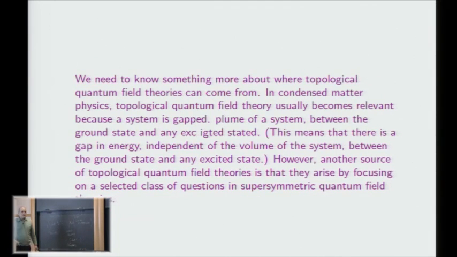So to proceed, we need to know something about where topological quantum field theories come from. Now, in condensed matter physics, topological quantum field theory is usually relevant because the system is gapped, which means that there's a gap in energy independent of the volume of the system between the ground state and any excited state.